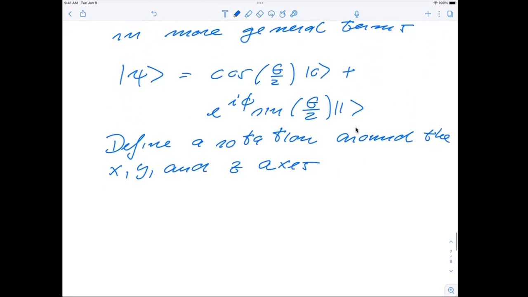And these are given respectively by the following mathematical operations. So I have a rotation by theta here, which is now given by e to the power of minus i theta half times sigma x.